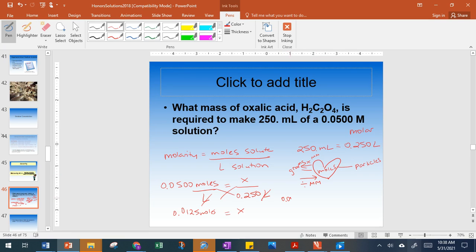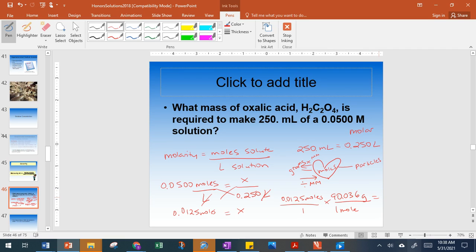So we have 0.0125 moles over 1. And then we're going to have to calculate our molar mass for oxalic acid. So we have 2 times 1.008 plus 2 times 12.01 plus 4 times 16. And that gives us 90.036 grams of oxalic acid.